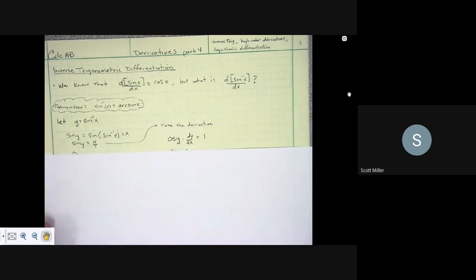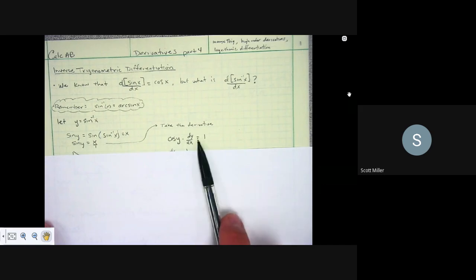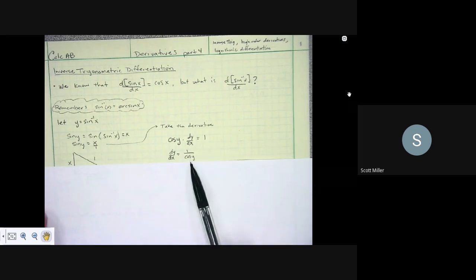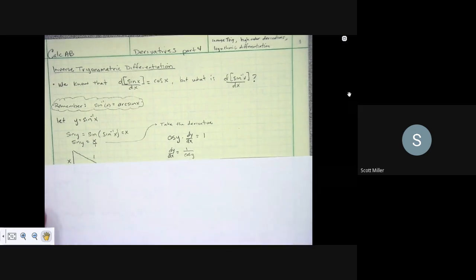I can also come over here and take the derivative of this with respect to x. Doing so, I get the cosine of y times dy dx equals 1. Solve for dy dx, I get that quantity right there. Pretty straightforward.